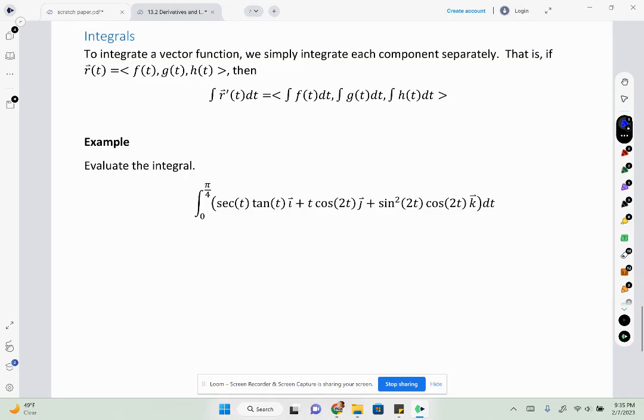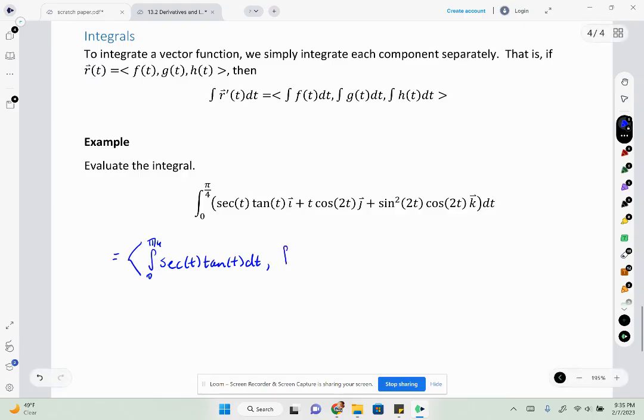Now what I do with these, and you can do this too if you like, is I rewrite this in the angle bracket notation. I prefer it. I don't want to lose i's, j's, and k's. And then I distribute my integral to each component. Here's what that looks like. So big old angle bracket. First component, integral 0 to pi fourths of secant of t tangent of t dt, comma.